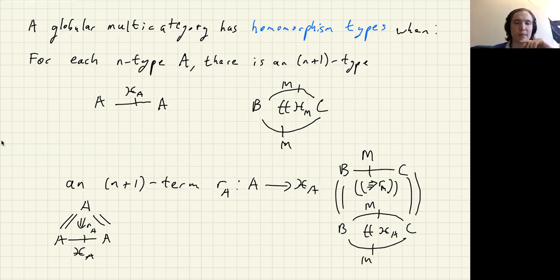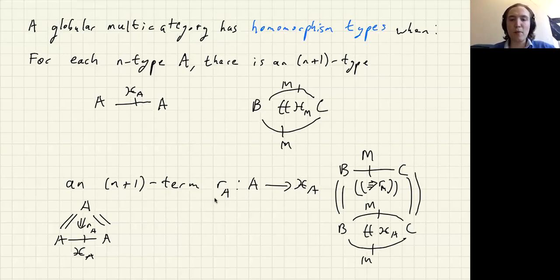We say that a globular multicategory has homomorphism types when for every n type A, there's an n+1 type, which we think of as the homomorphism type of A. So I've drawn some pictures of adding an n type whose source and target is an n+1 type whose source and target is A. And there's a canonical term associated to every n type as well, which we think of as a reflexivity term.